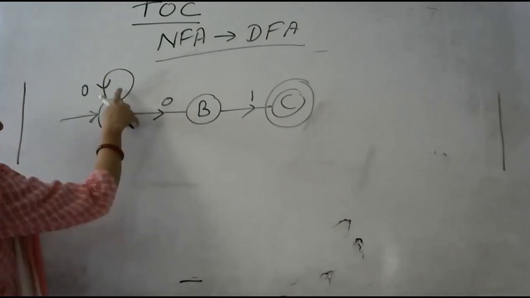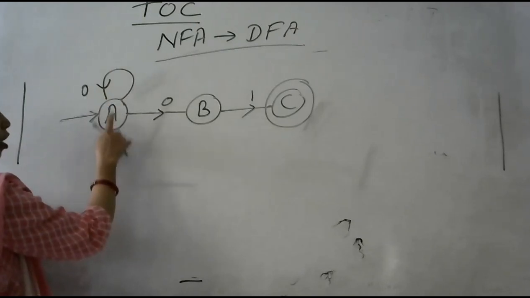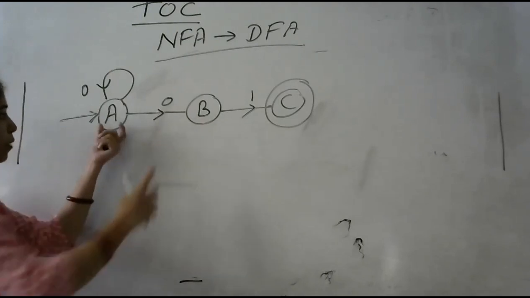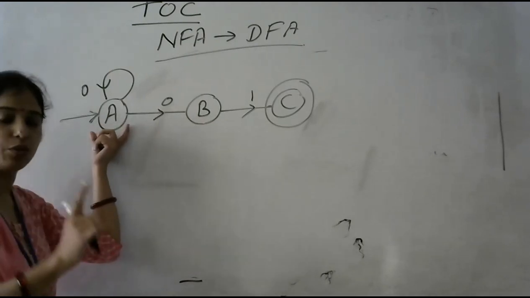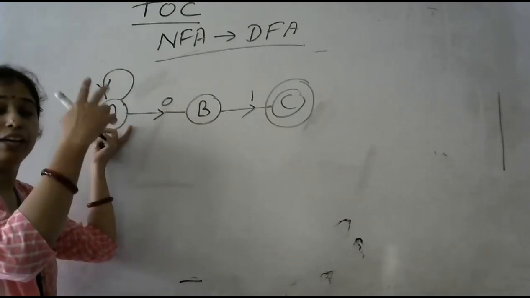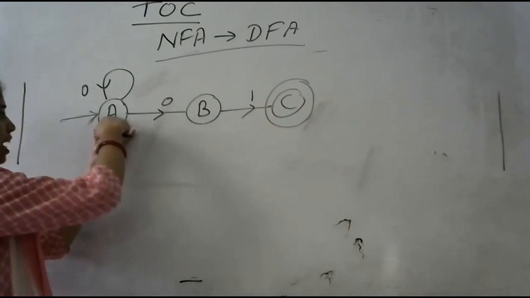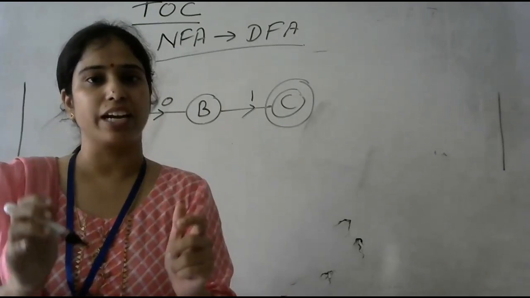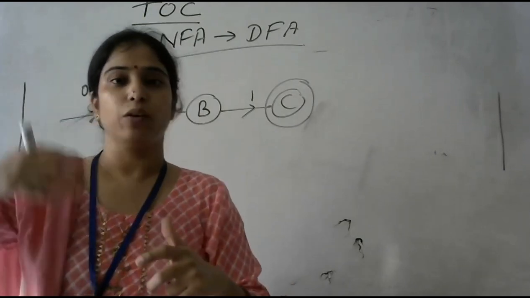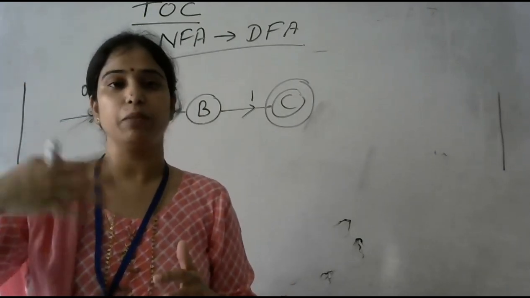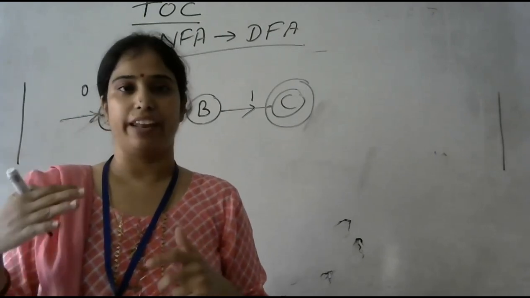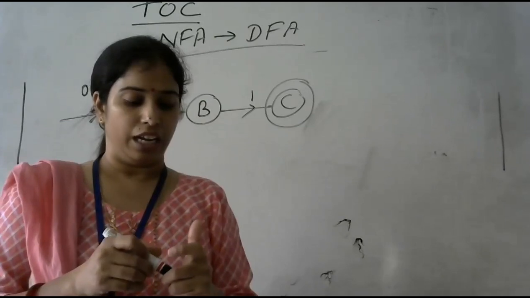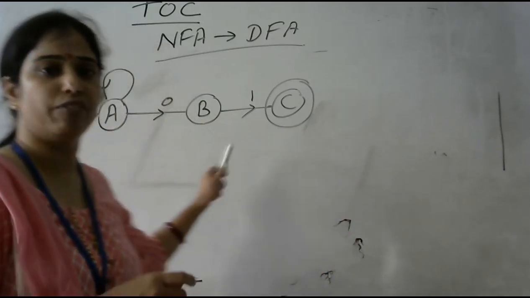From A, we read 0 and go to A, or from A, we read 0 and go to B. From A, we read the same input 0 and go to two different states, one is A and one is B. And from the transition table, we can also decide it is an NFA machine.